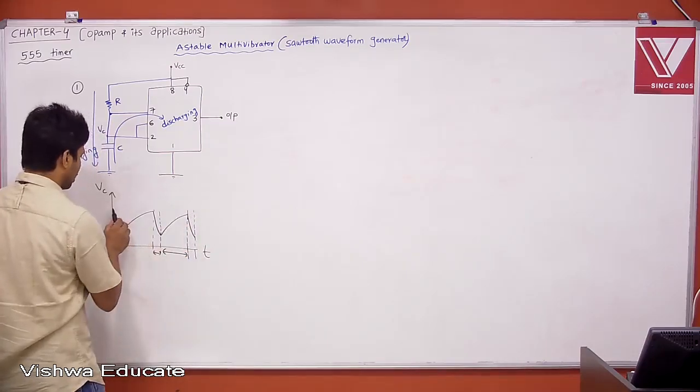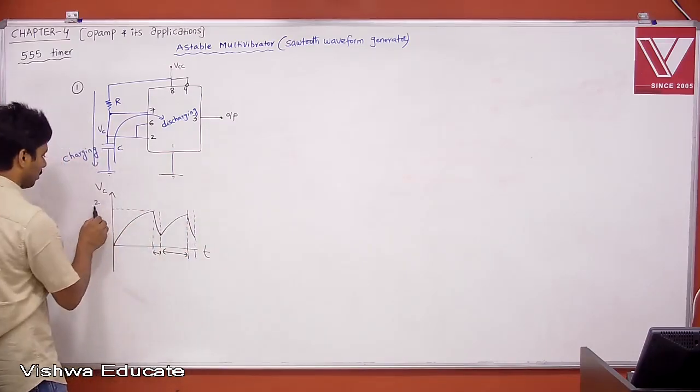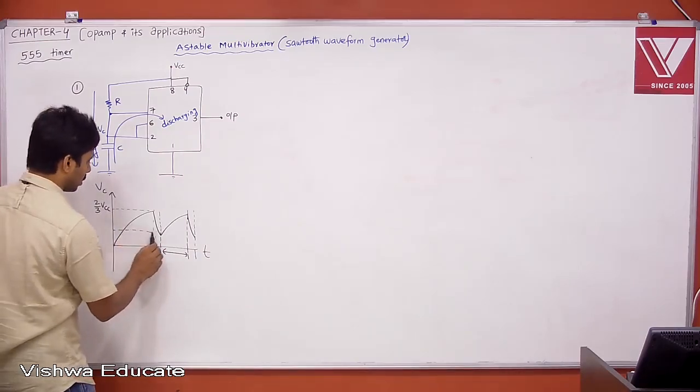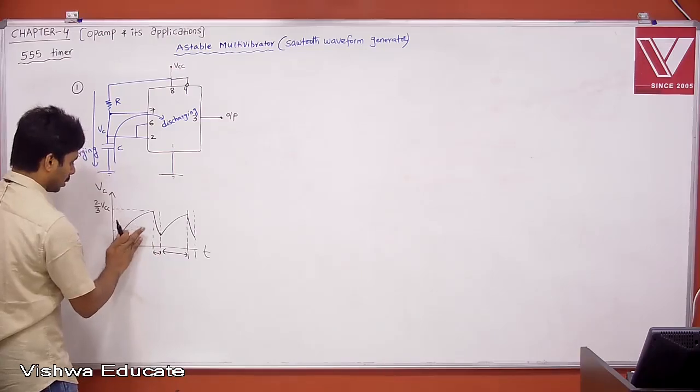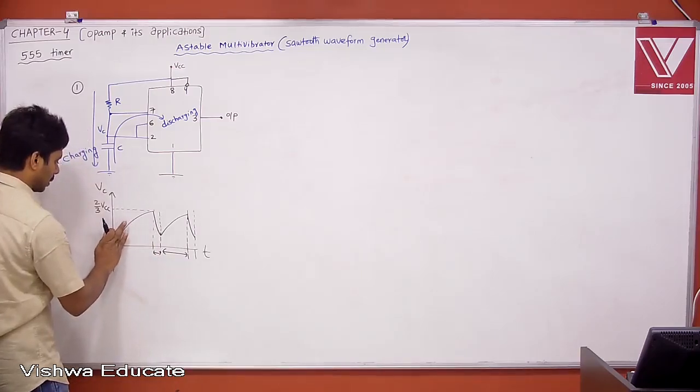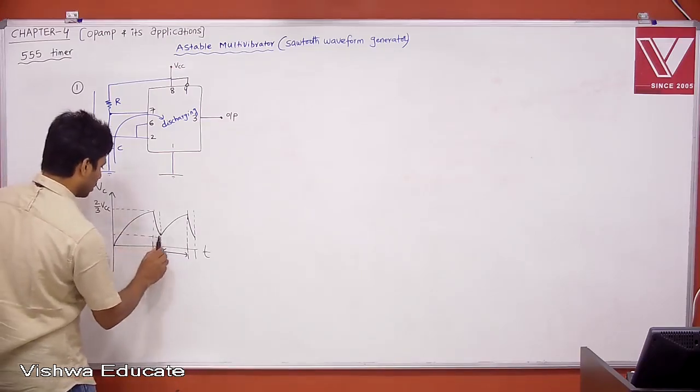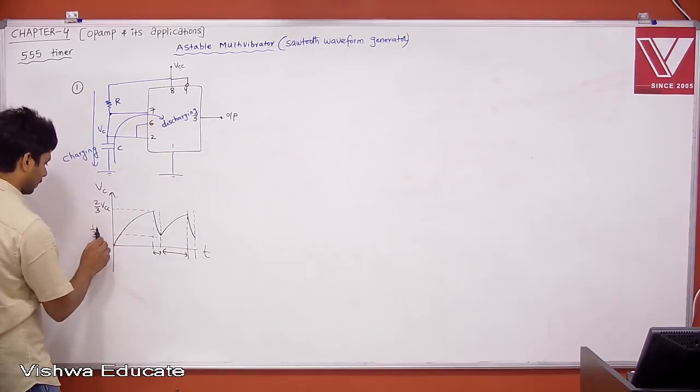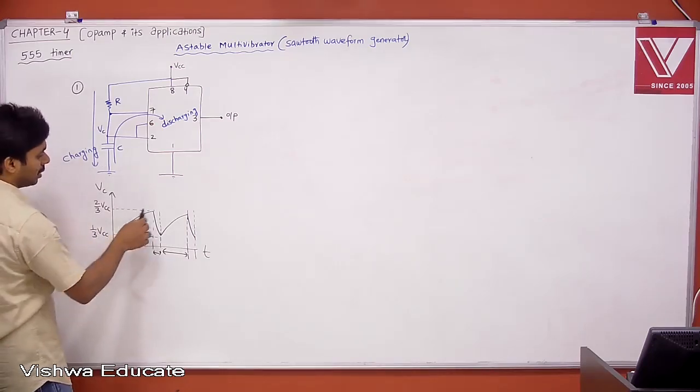But here the upper limit is 2/3 VCC, and the lower limit is 1/3 VCC, right? Therefore, is it a sawtooth waveform?